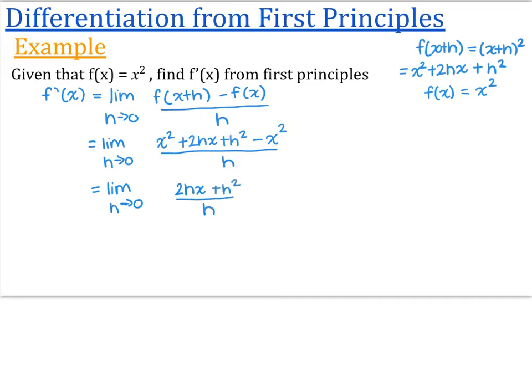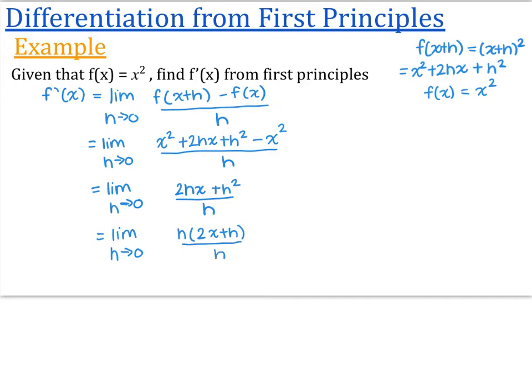Now, I would, at this point in time, factorize out the letter h. Okay, so what's going to happen here is we've got the limit still as h approaches 0. We always want to write that while we still have h's in our fraction that we're working on. So we factorize out an h from the top, and we're left with 2x plus h, all divided by h.